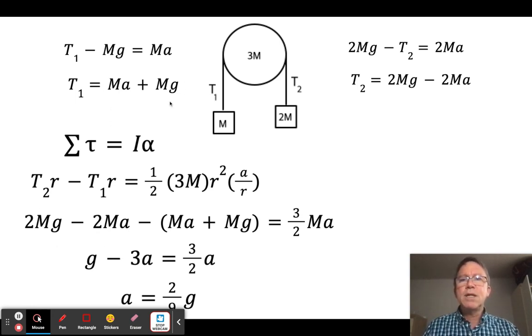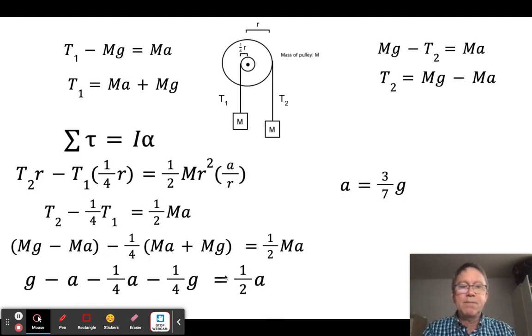T1 equals this, so I put it here, but I have to remember to subtract T1 from T2. That's going to equal, if I multiply this 2, 3 halves ma, because my r's went away. And now I can make my m's go away. No more m's. And this is pretty easy to solve.